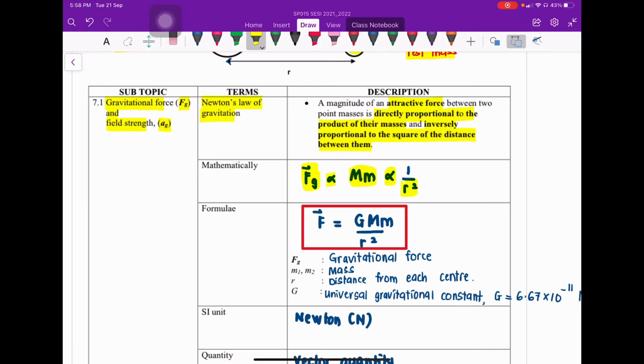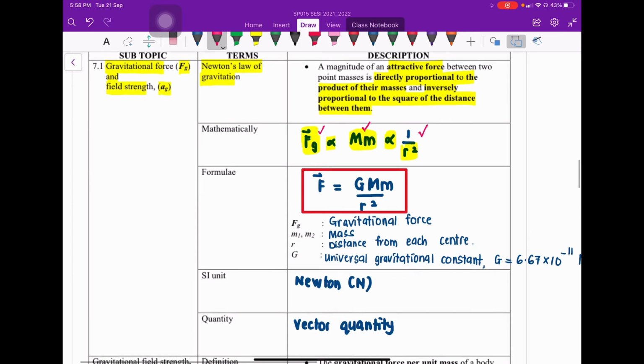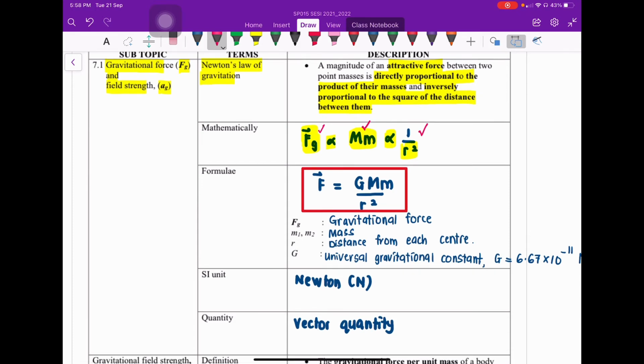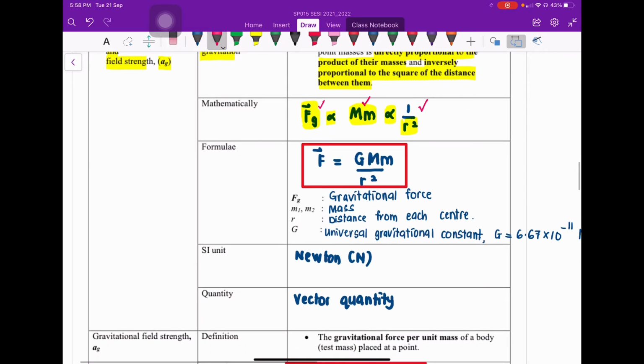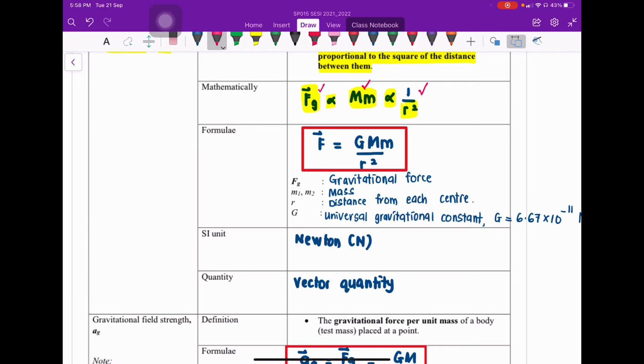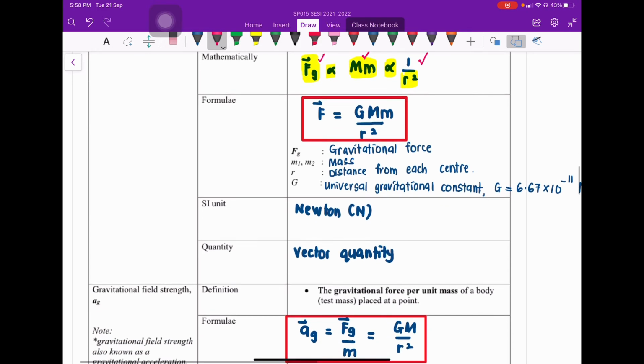Fg is the attractive force, directly proportional to the product of their masses, inversely proportional to the square of the distance between them. So this is the formula to calculate gravitational force. The gravitational force has SI unit Newton, and the force is a vector quantity.